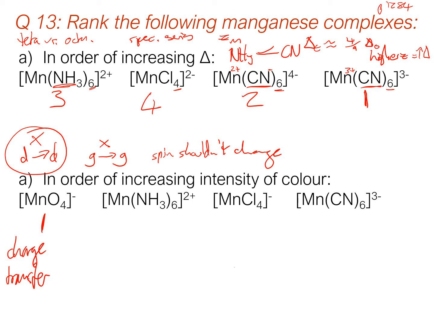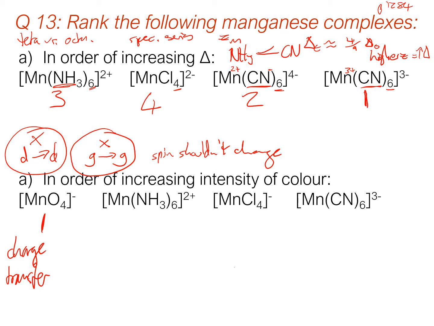Now we're just left with 3 other complexes, and all of these are D to D transitions, as I was saying. So they either go from T2G orbital to the EG orbital in octahedral complexes, or from the E to the T2 in a tetrahedral complex. Now the big thing here is that from an octahedral complex it's a T2G to an EG orbital, therefore this rule isn't satisfied.